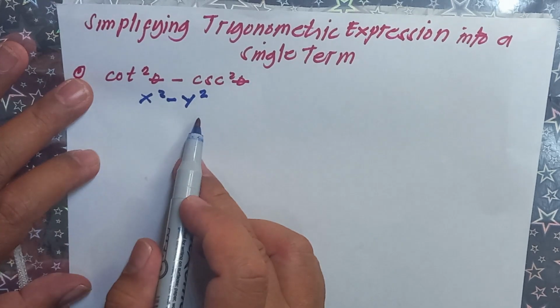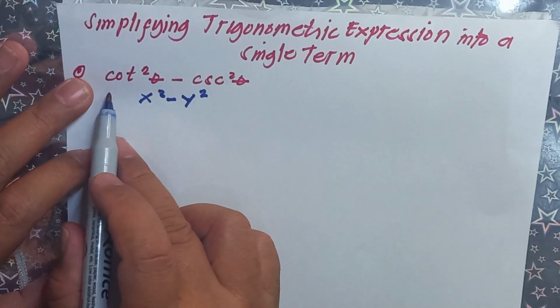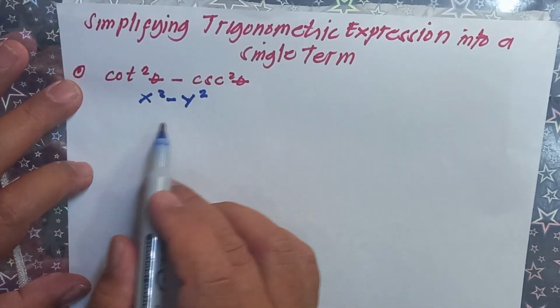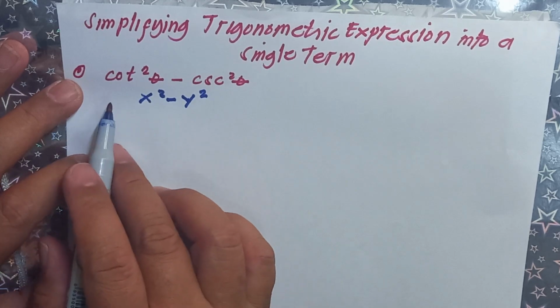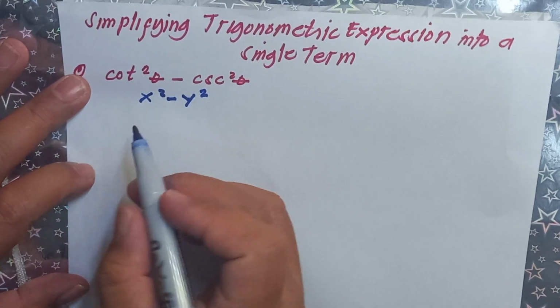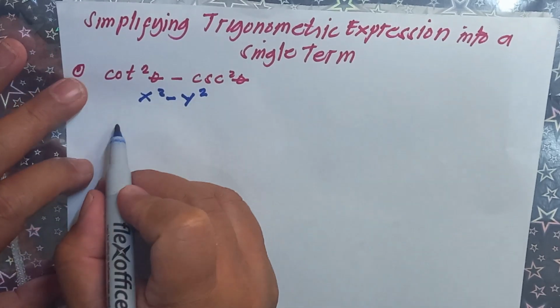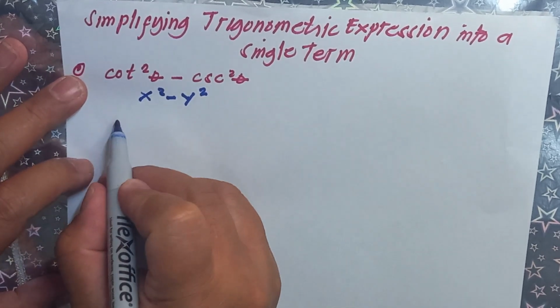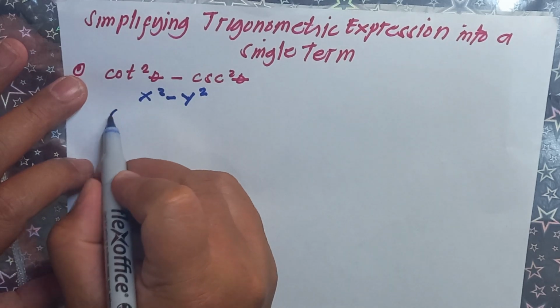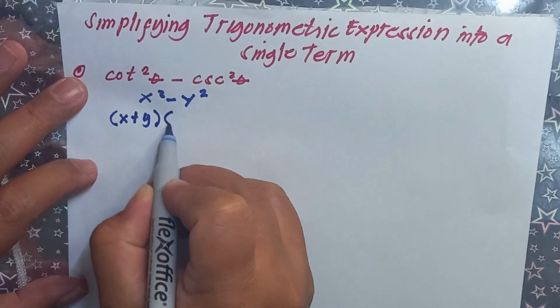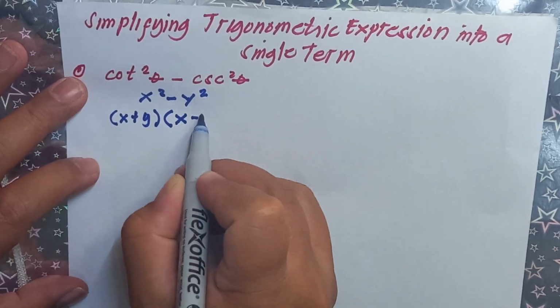So the first thing that we are going to do is expand this. The difference of two perfect squares is x plus y multiplied by x minus y.